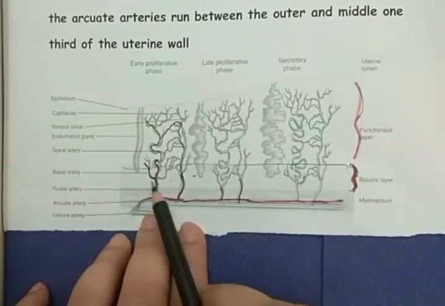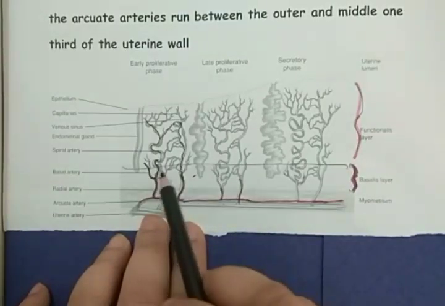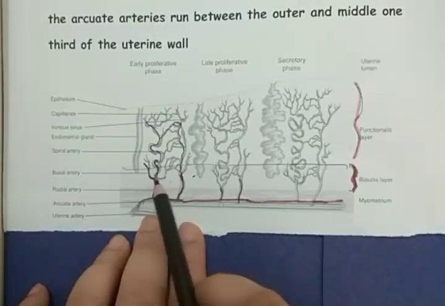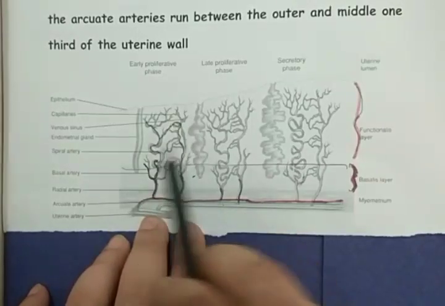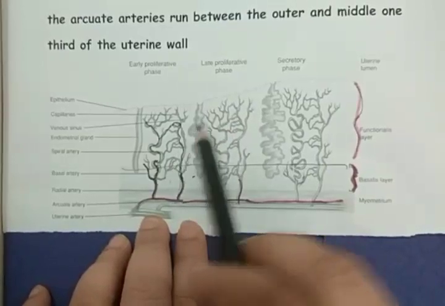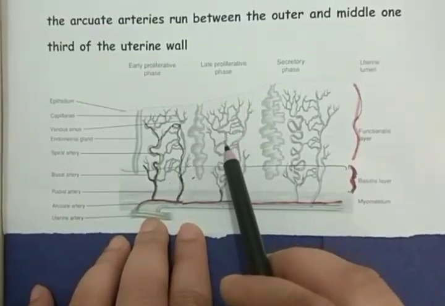So the straight artery and proximal portions of the spiral artery do not change according to the stage of the menstrual cycle. But these portions of the spiral artery change as per different stages of the menstrual cycle.